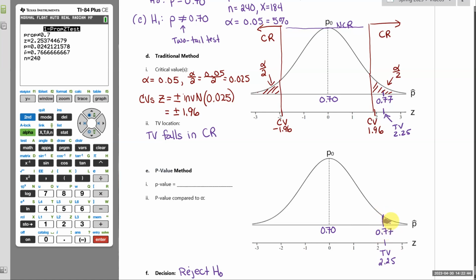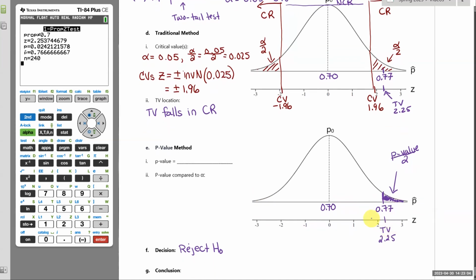And that area beyond the test value for a two-tailed test is just half of the p-value area. So again, just like alpha had been split in half, the total p-value, half of it will be on one side, half on the other.